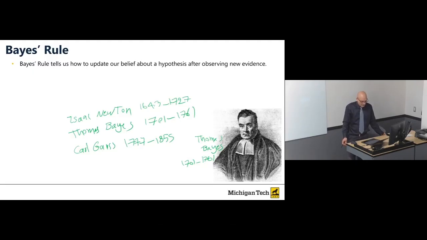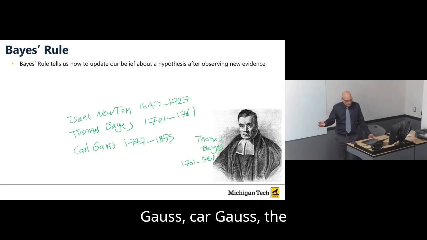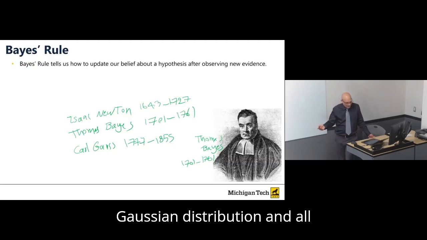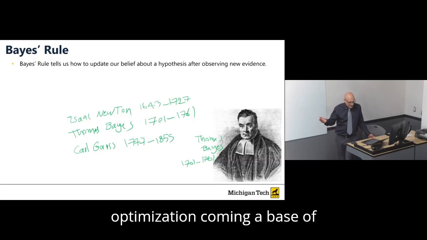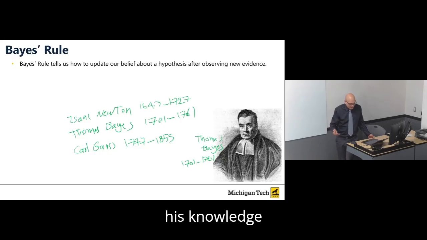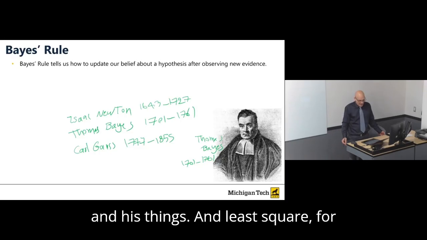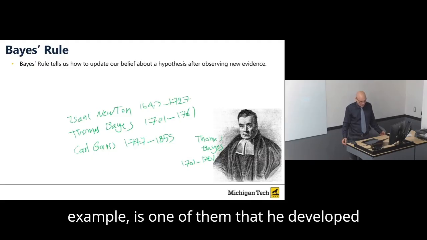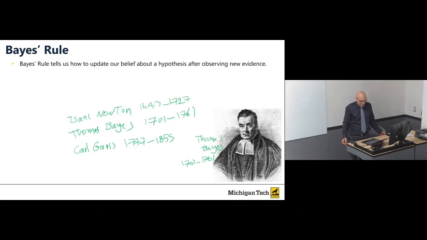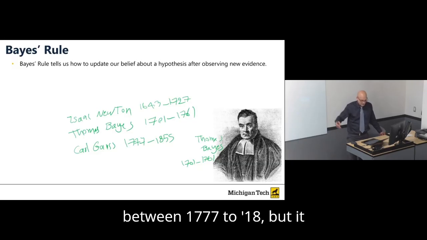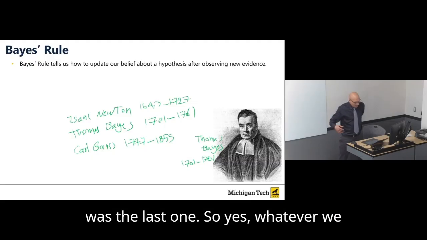And Gauss, the Gaussian distribution and all optimization come from his knowledge. Least squares, for example, is one of the things he developed between 1777 and 18, but it was the last one.